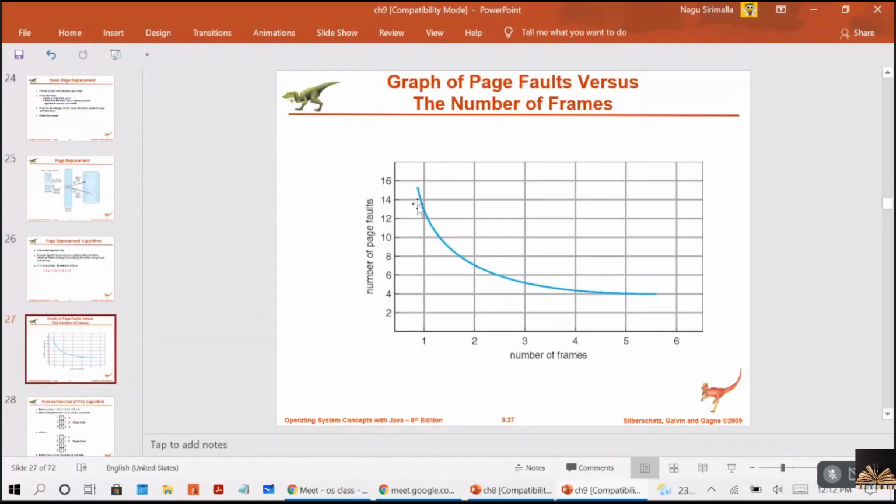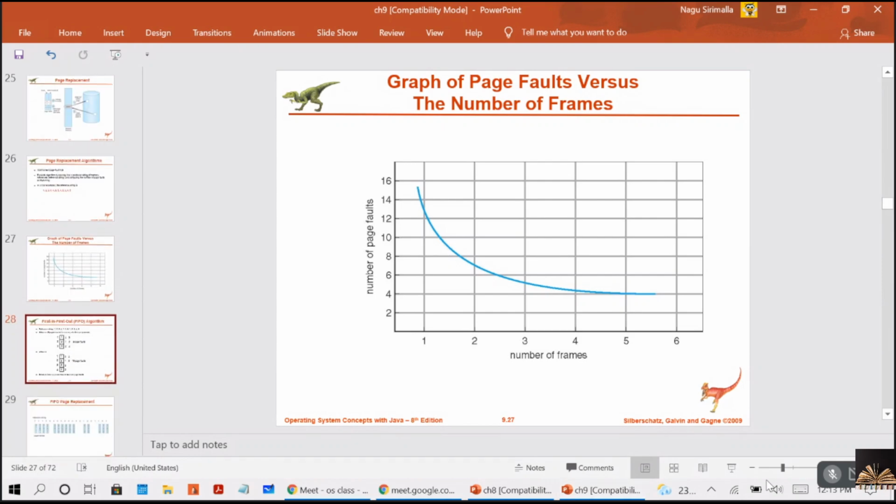Here he is showing that if the number of frames increases, in the actual case the number of page faults will decrease. Number of frames means how many frames the main memory can accommodate. The first one is FIFO, first in first out, the first replacement algorithm.